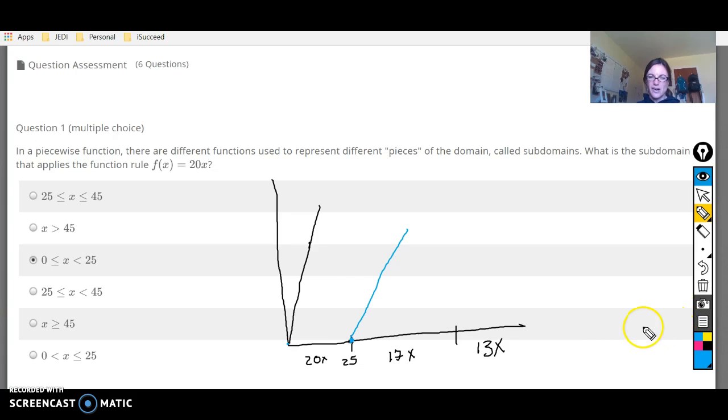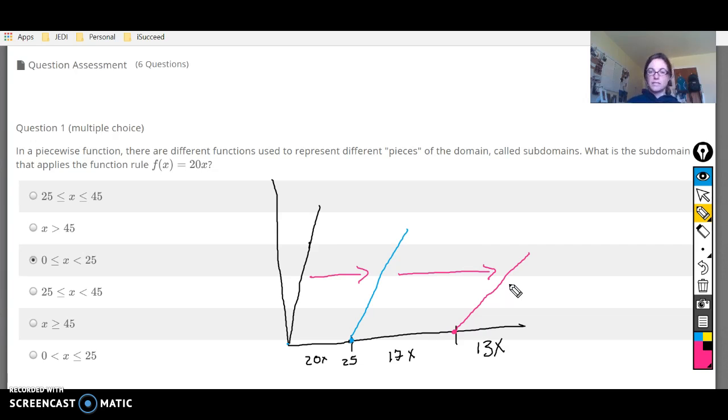And then for anything 45 and over, my costs are going to be less steep than either of the other two. So what's happening is if I hit 25, I'm going to jump from that function to that function. And if I hit 45, I'm going to jump from 17x to 13x.